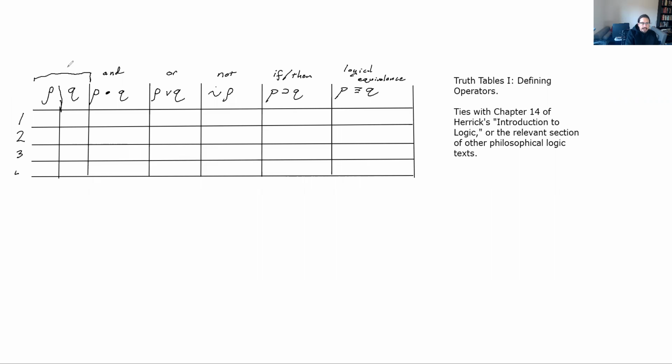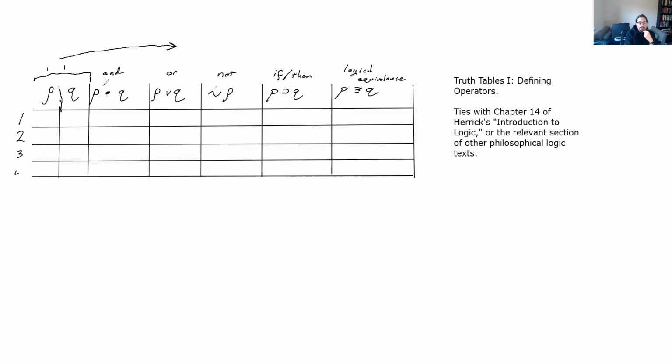And then that will guide how we understand what should go in the other columns. Okay, so kind of like a multiplication table, except that it's for propositional logic. So I think the best way to just move forward is just to talk about what these operators do. And I'll just go one by one.